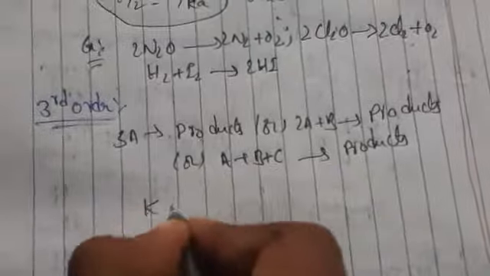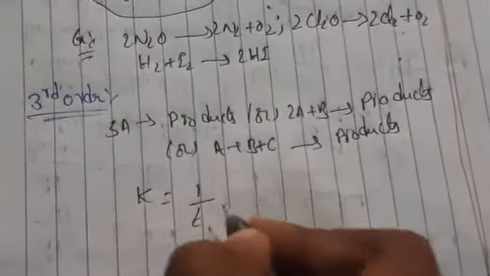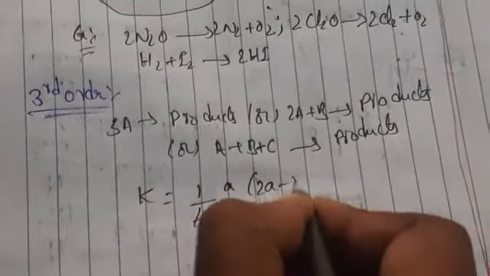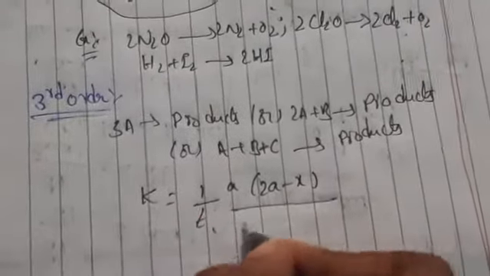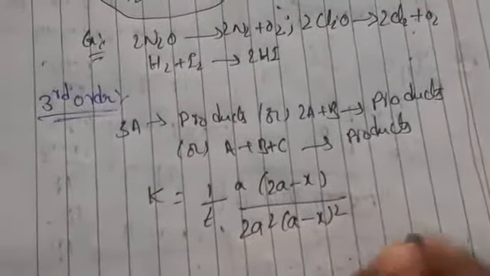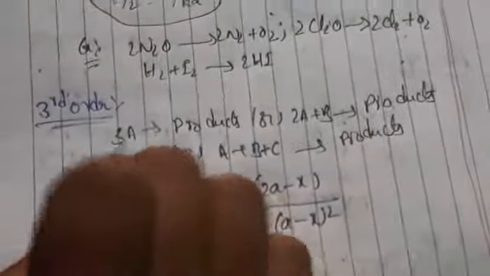So then here the rate constant value you are getting is k equals 1 by t into (2a minus x) divided by 2a square into (a minus x) whole square. So this is the equation we get for this one.